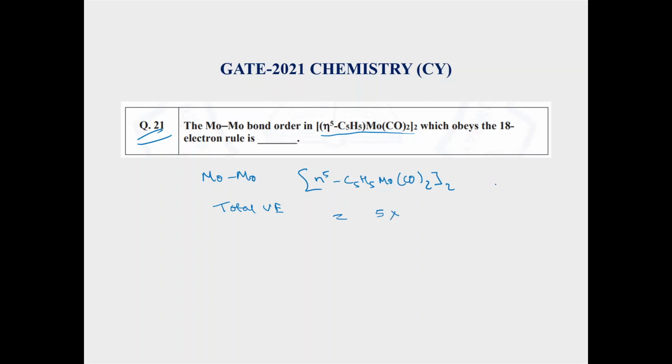Molybdenum is having how many electrons? Six electrons.